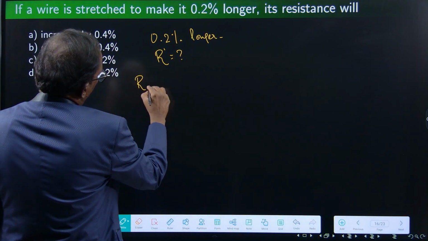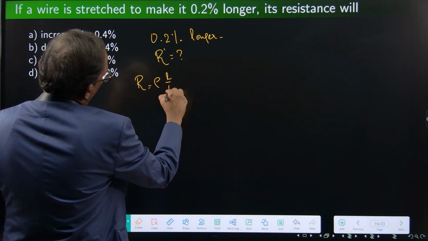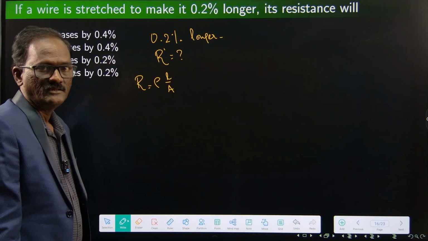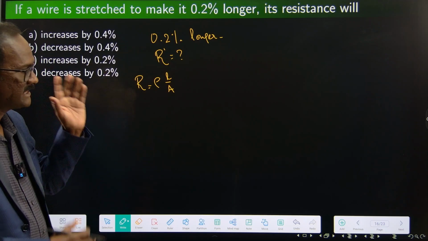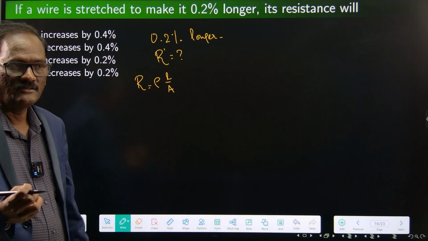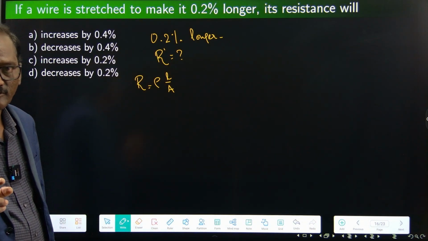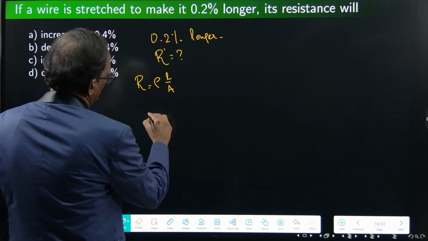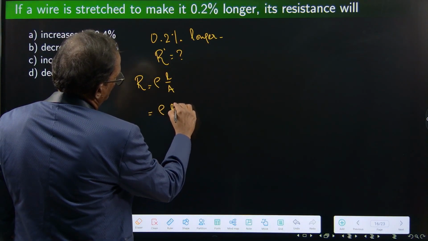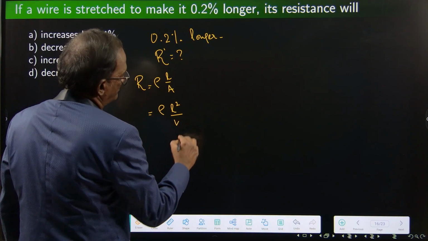So R is equal to rho L by A. If L is increased by some factor, the area is going to decrease by the same factor. R is rho L square by volume.